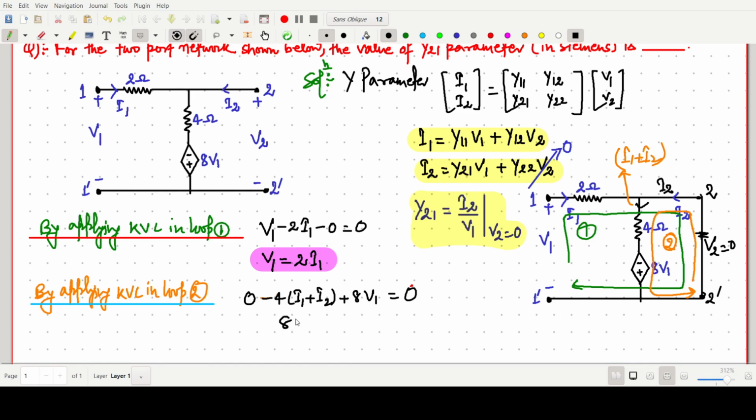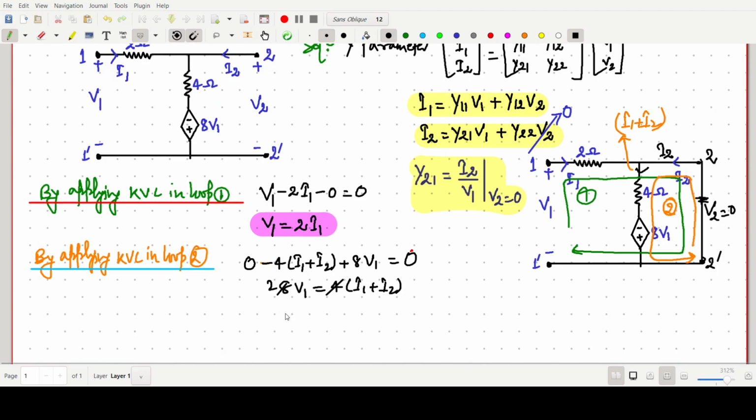So 8 V1 equals 4 times (I1 plus I2), so one more line we can write: 2V1 equals I1 plus I2. Now I1, I2 and V1 are there, and we have to find I2 by V1. So we have to replace I1 as a function of V1.